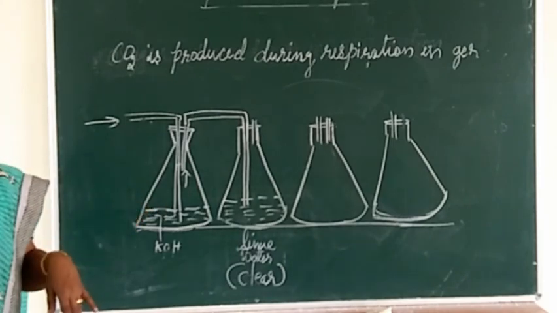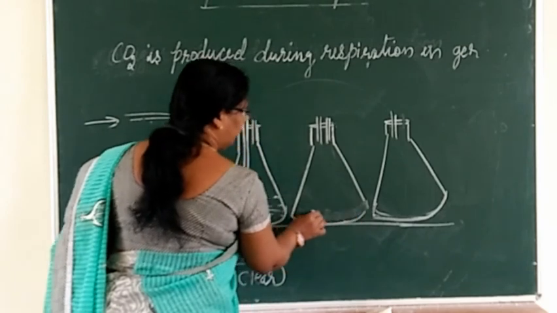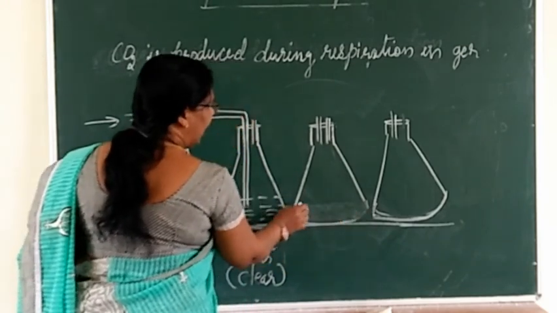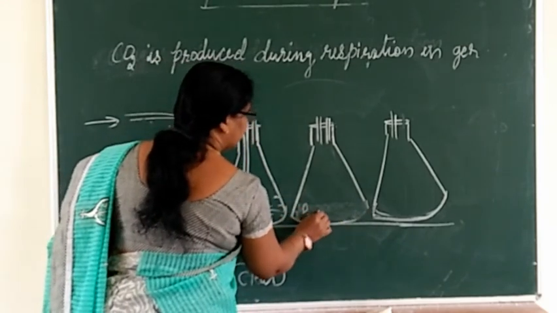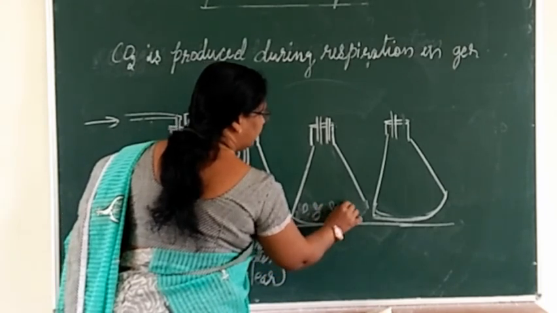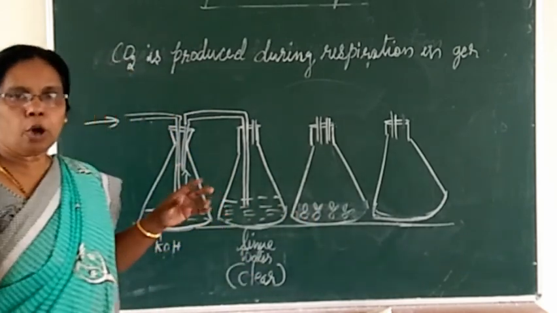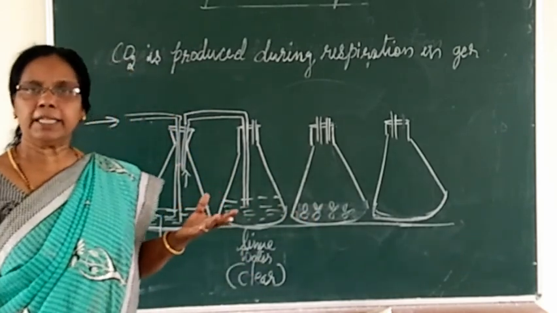The third conical flask contains cotton wool and some germinating seeds. The seeds that started germinating are respiring, so oxygen is used and carbon dioxide is released.